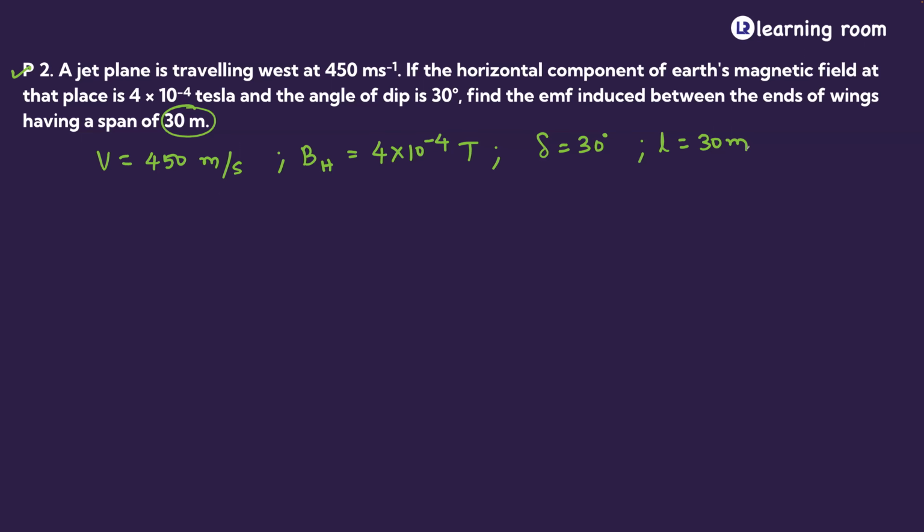Meaning, the magnetic field is making some angle with respect to the horizontal. If the magnetic field due to the Earth at a particular location is in this direction, then this magnetic field can be resolved into two components as BH and BV.